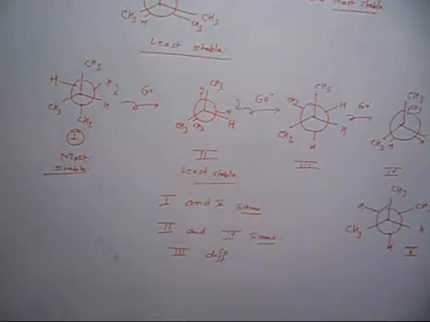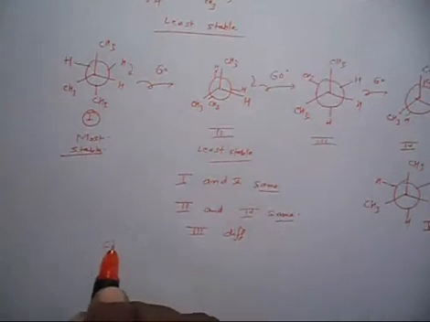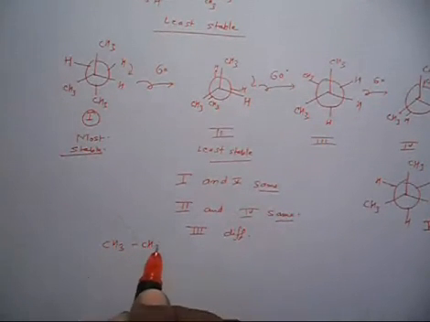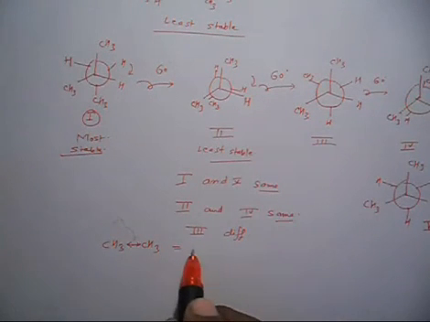The question also says to have a qualitative idea or quantitative, because the bond energies are given. So the steric repulsions are given. You have to draw the quantitative energy diagram. So the repulsion between CH3 groups when they are eclipsing each other is 11 kilojoule per mole.